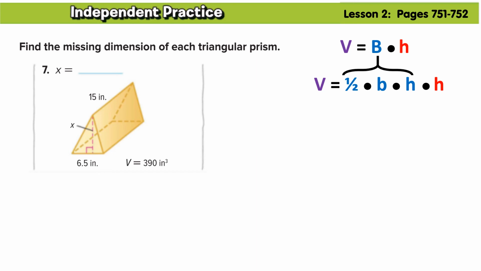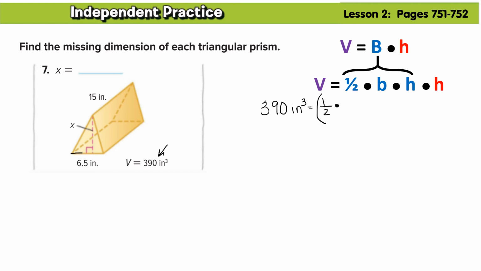So the volume they gave us is 390 inches cubed equals 1/2 times the base of the triangle.